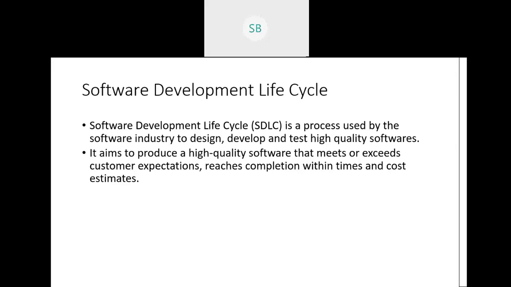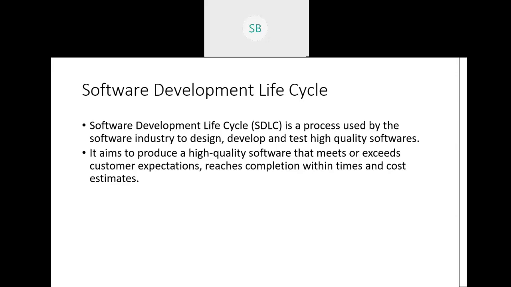It is basically used to design and develop. I told you in the first two classes that when we develop any product, we have to go through a few phases. We need to follow some rules, and these rules fall under the SDLC, software development life cycle. So every software you develop needs to have a life cycle.